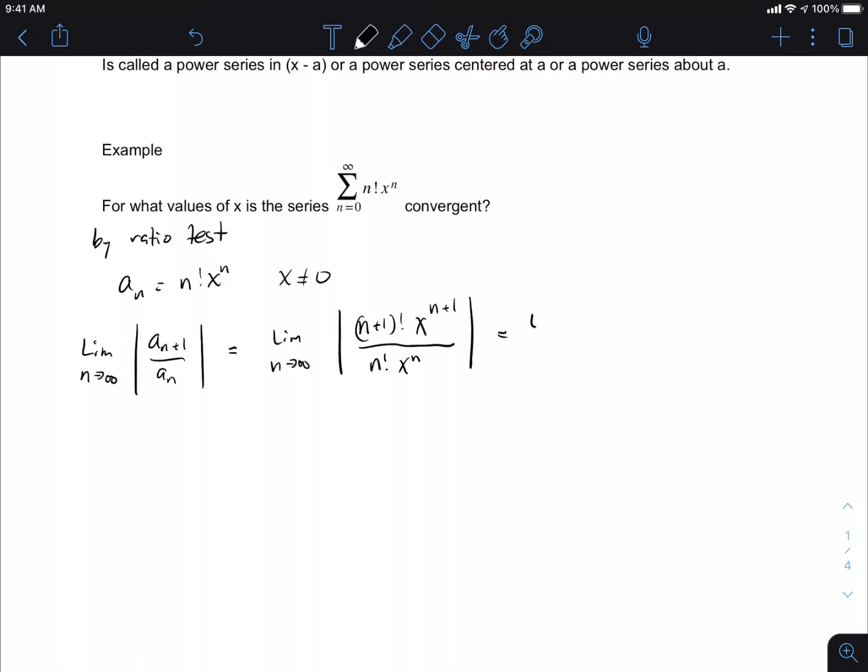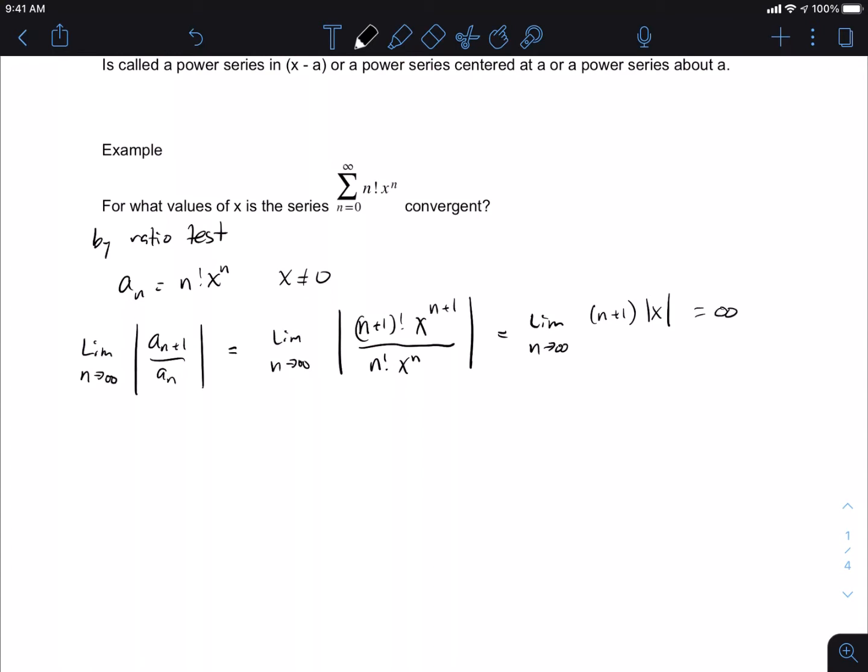So what's going to end up happening is I'm going to have the limit as n goes to infinity of n plus 1 times the absolute value of x. Well, if n is going to infinity, I'm going to have infinity plus 1 times my x, and so that clearly tells us that this is going to take off to infinity.